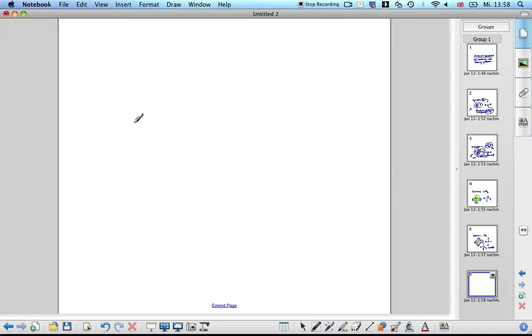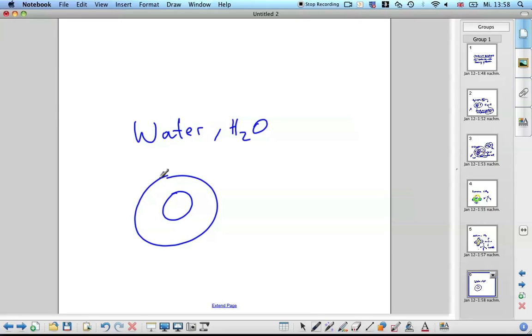Water. Okay? Water is H2O. Oxygen is in group 6. That means it has 6 electrons in its outer shell. It needs to share 2 more. Therefore, with hydrogen, it will get 1 electron each.